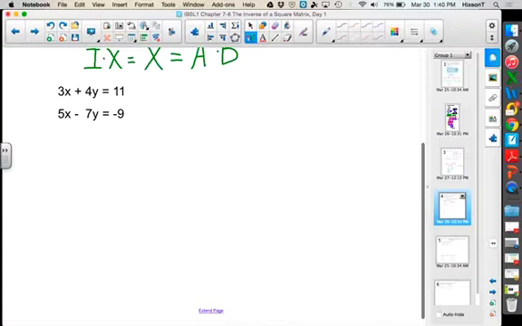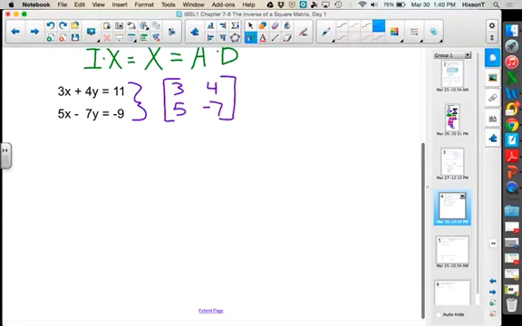Let's say we have a system like this. When I write this as a matrix equation, we're going to have a coefficient matrix first of all. What would our coefficient matrix be? 3, 4, 5, negative 7, right? Just the coefficient matrix, not an augmented matrix this time.